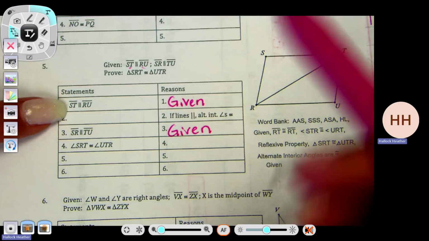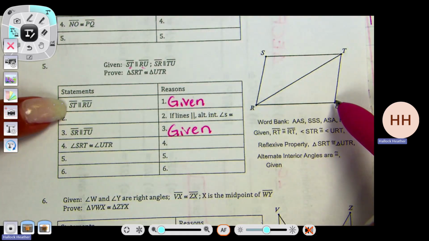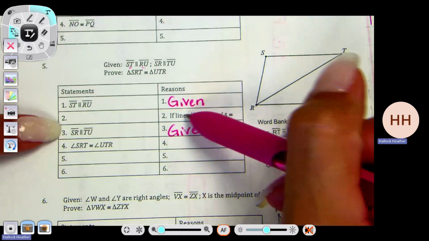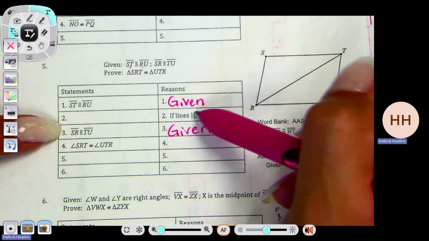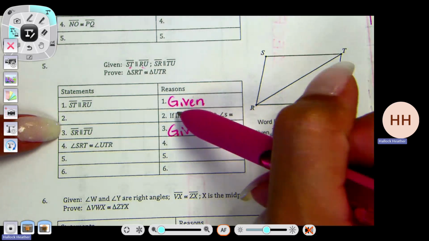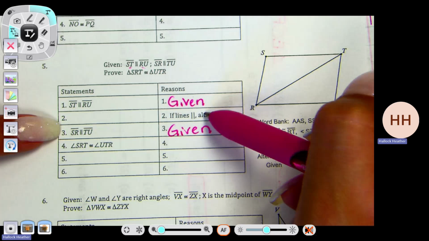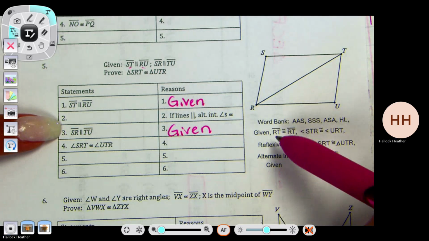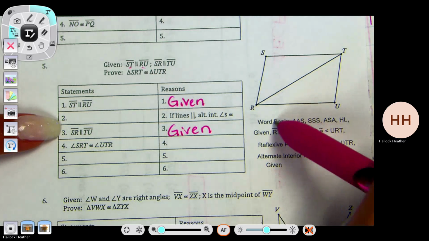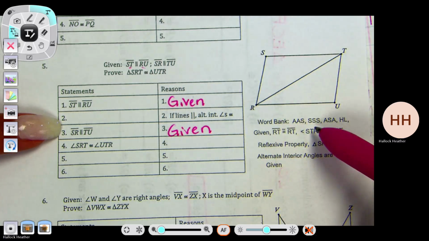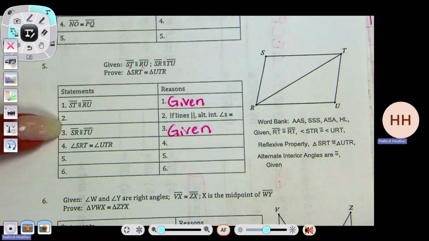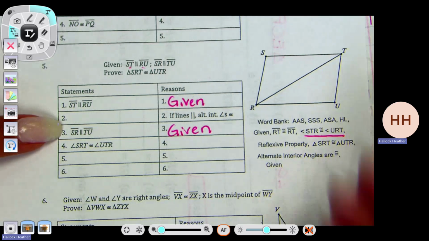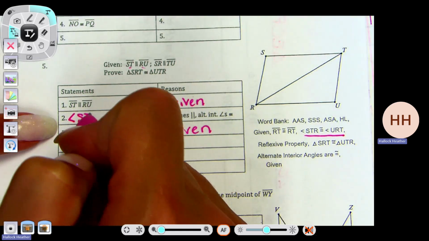Okay, so if ST is parallel to RU, does anybody know from the word bank what I should put? If lines are parallel, alternate interior angles are congruent. Obviously, this is shorthand. So which one mentions alternate interior angles? STR equals URT. Yes.